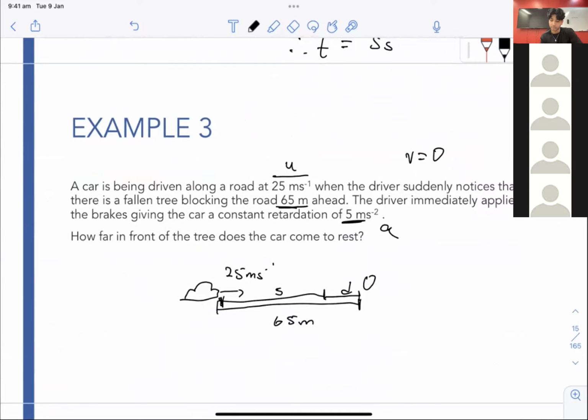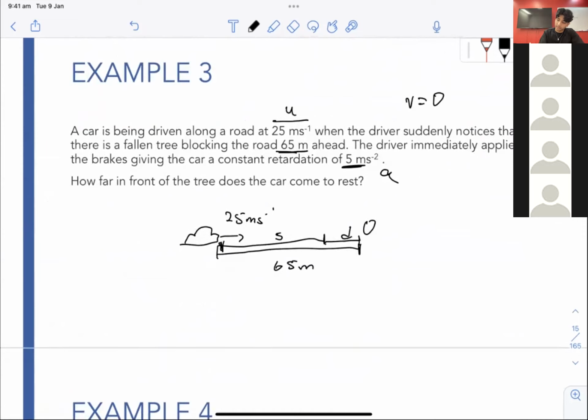We have our U, and we have our A. So what we can do is use the equation V squared equals U squared plus 2AS to find what that displacement is, at which point the car will stop.